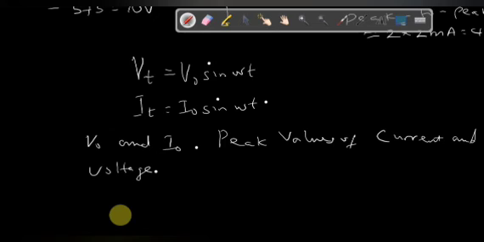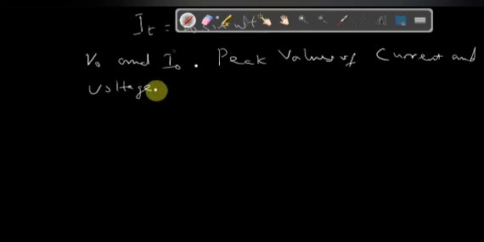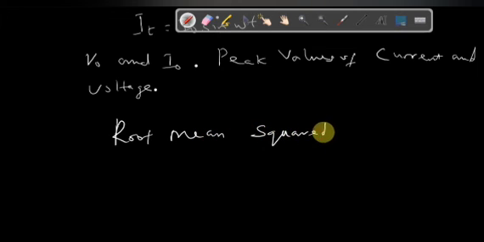Now we want to look at other parameters: the root mean squared values, that's RMS.